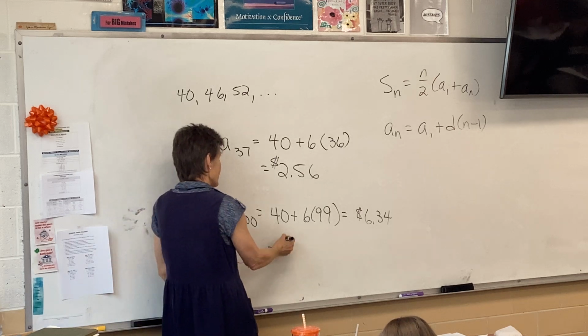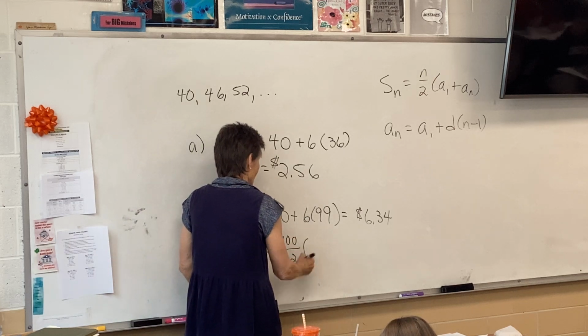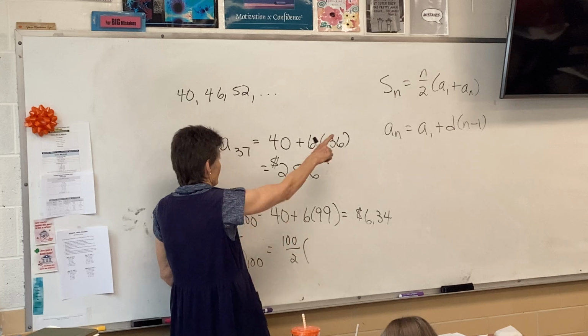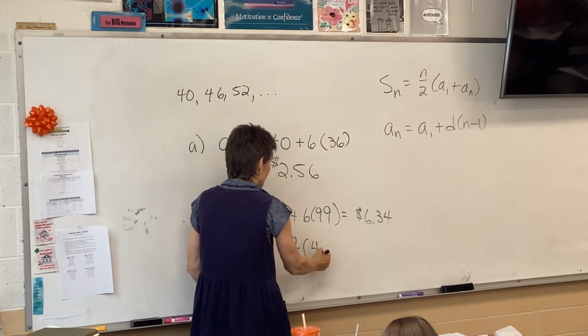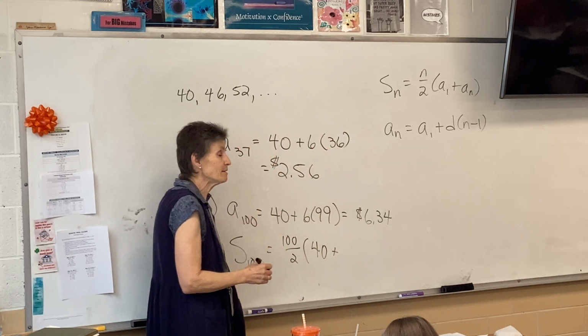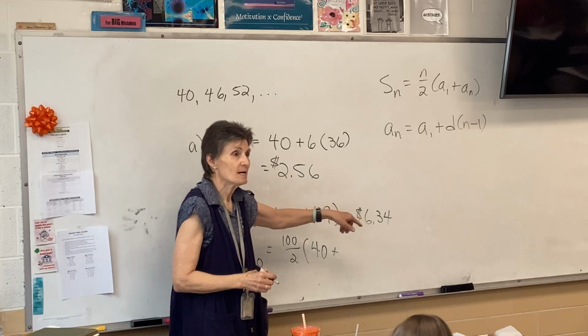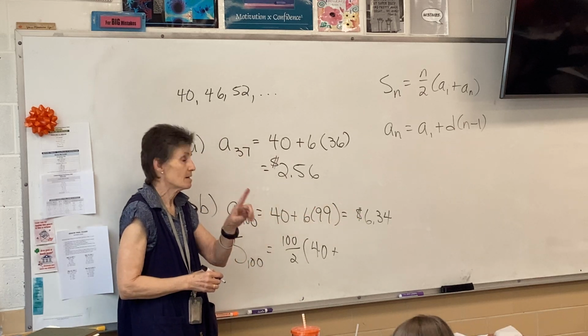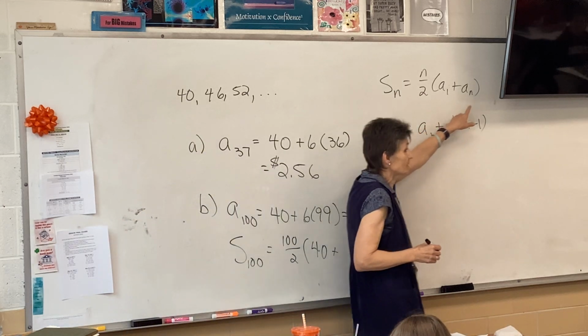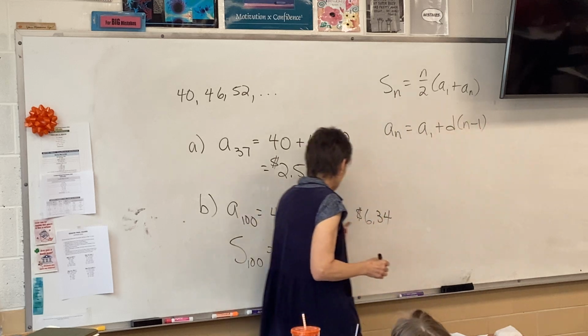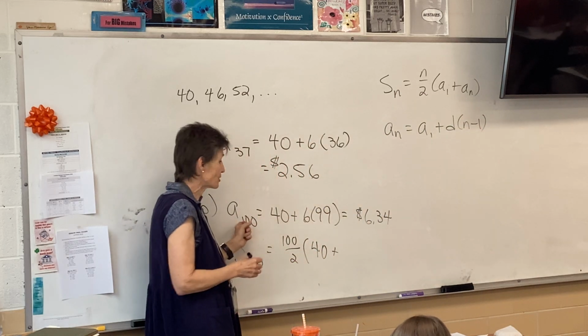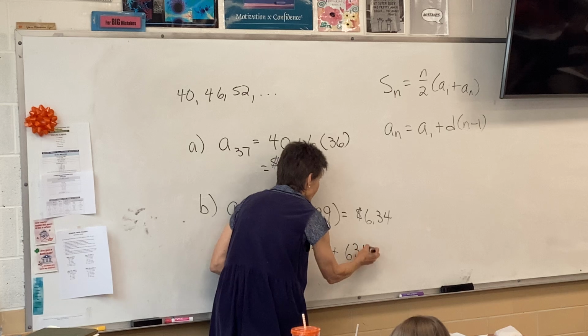So that formula says 100 over 2. First term is 40. The reason I went ahead and wrote this down is because I knew I was going to need it. The formula needs the 100th term. It's not the answer, but it's what I'm going to put right here.